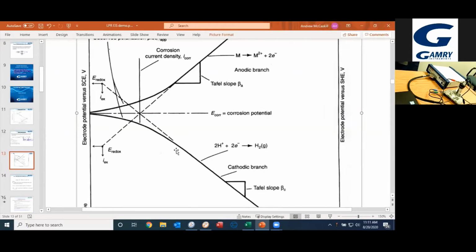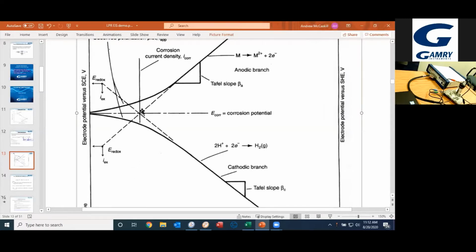And one thing you can note is that you can see that we extrapolated two lines, one from the linear region here of the cathodic branch, another one from the anodic region right here, and those two should cross over right at E core, which is also going to be where we observe the corrosion current.